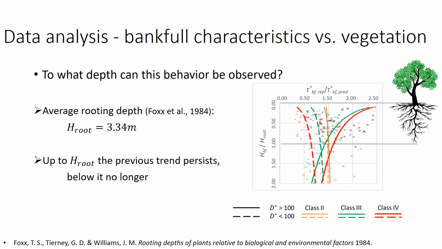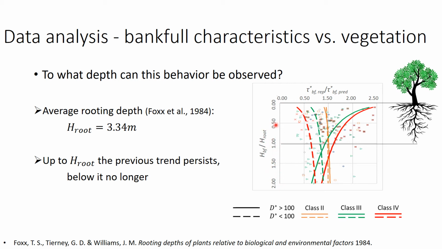We didn't know the riparian vegetation type regarding the reported river sections, which also left us without knowledge of the root depth. Based on the publication of Fox et al., however, we assumed an average root zone depth of 3.3 meters. The figure's vertical axis shows the value of the bankfull water depth normalized to the average root zone depth.